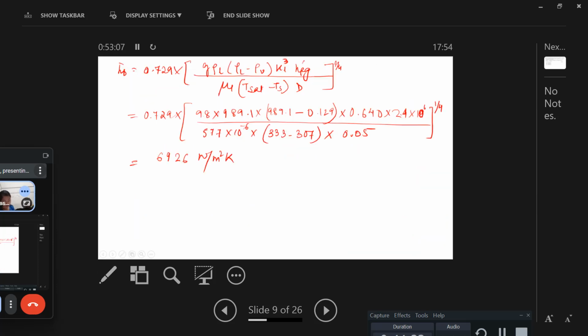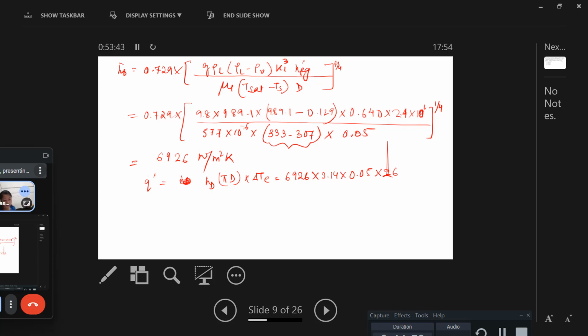So this is q prime is h_D into, per unit length, pi D into delta T. So this can be written as 6926 into 3.14 into 0.05 into 26. The temperature difference is 26, right?